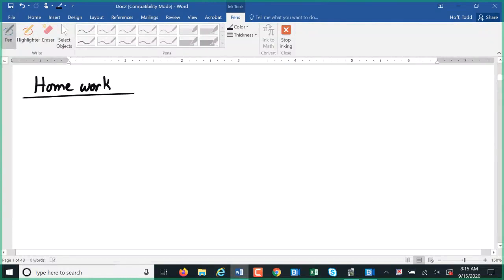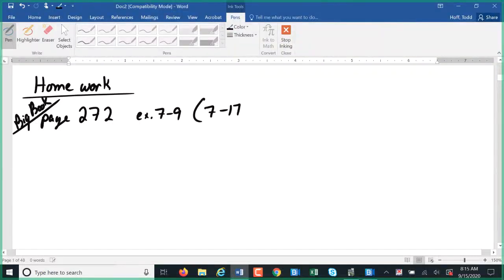Okay, for homework. This is all in the big book. Page 272, this is exercise 7-9, 7 through 17, the odd.